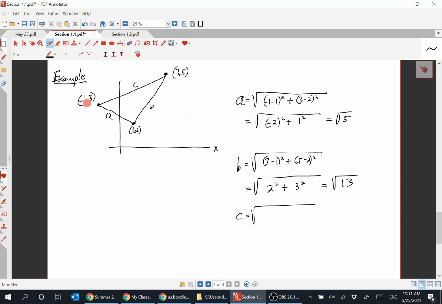Now, when you've got a negative coordinate and you subtract, be careful how you do that, because when you subtract a negative, you end up adding, right? So it's 3 minus -1, and 5 minus 3. So this is going to be 3 plus 1. So that's 4 squared plus 2 squared. So that is 16 plus 4, square root 20.